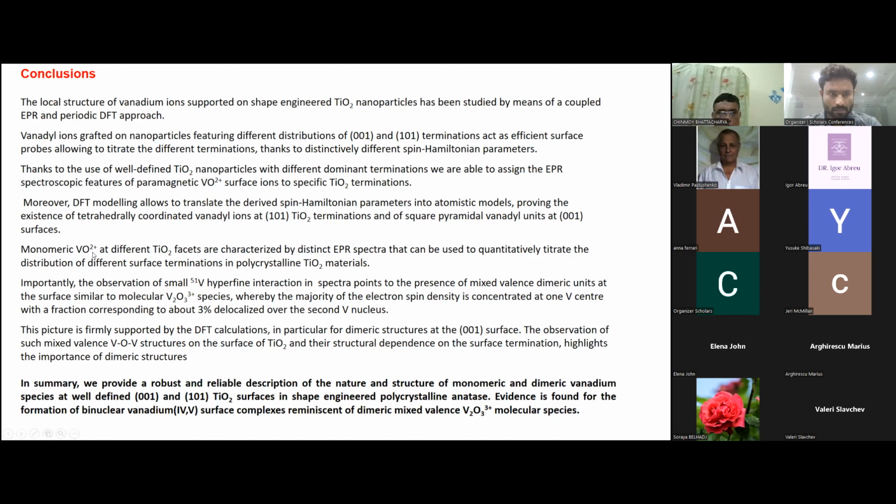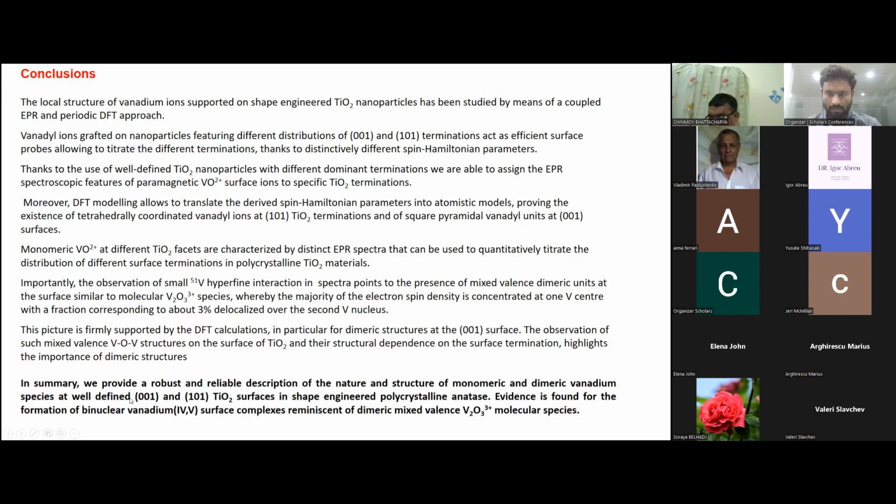Monomeric vanadium species are well characterized by EPR spectra. Another point: the presence of dimeric units has been clearly shown by EPR spectra, and also confirmed by the DFT calculation, where there is a spin density transfer from one vanadium to the second vanadium nuclei.